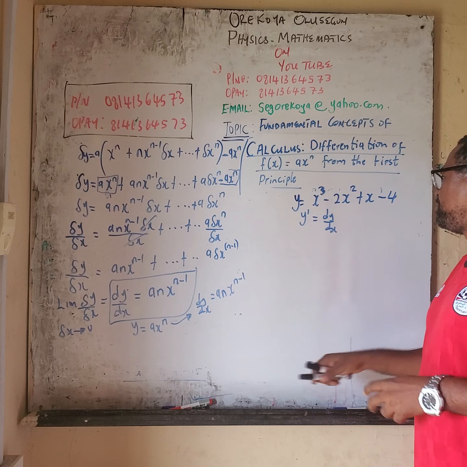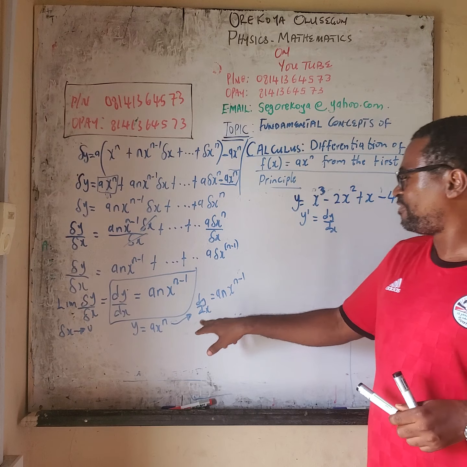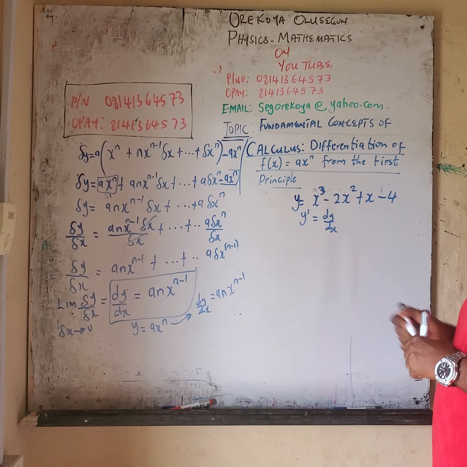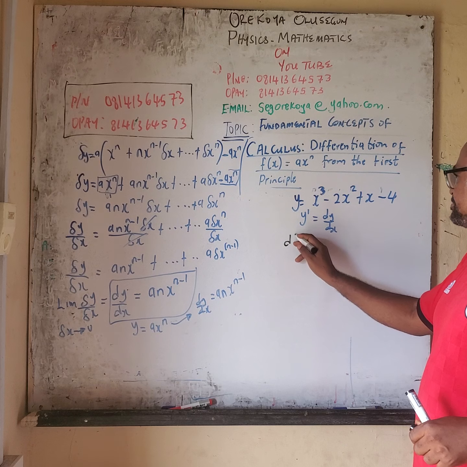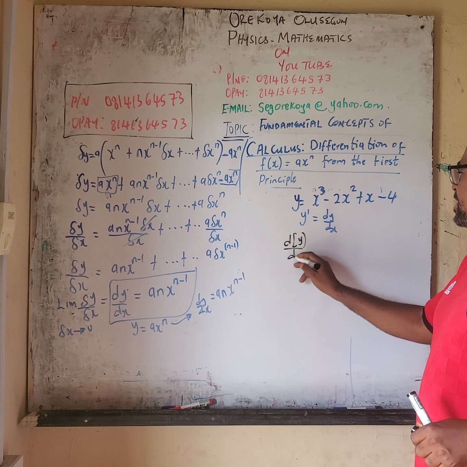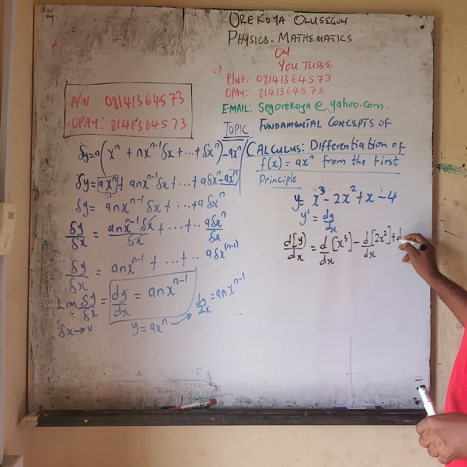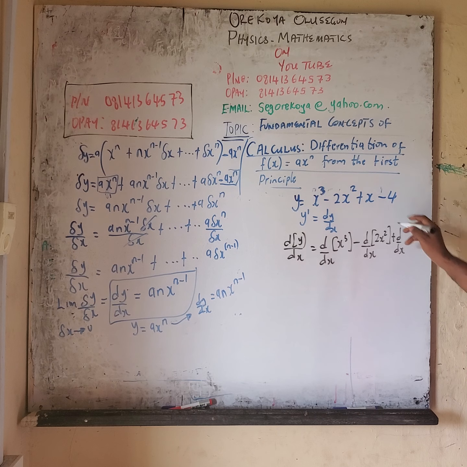So what we do in this case is to use this formula on each of the terms in this equation. I will say the d/dx of y is the same thing as the d/dx of x cubed minus the d/dx of 2x squared, then plus the d/dx of x, then minus the d/dx of 4.